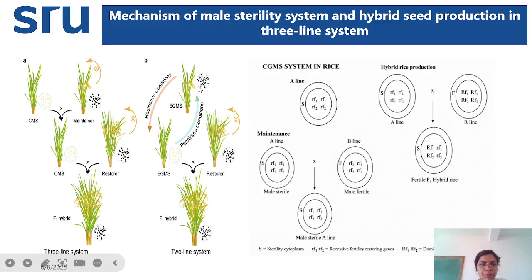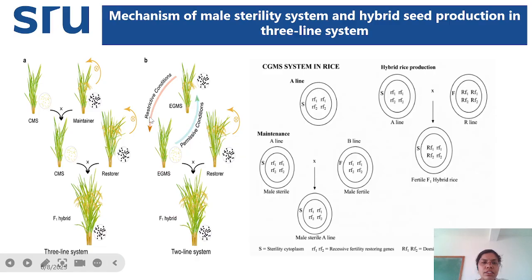And next, coming to the two-line system. In two-line system, this EGMS is nothing but environmentally sensitive genetic male sterility. Generally, we will be having photosensitive genetic male sterility and thermosensitive genetic male sterility.